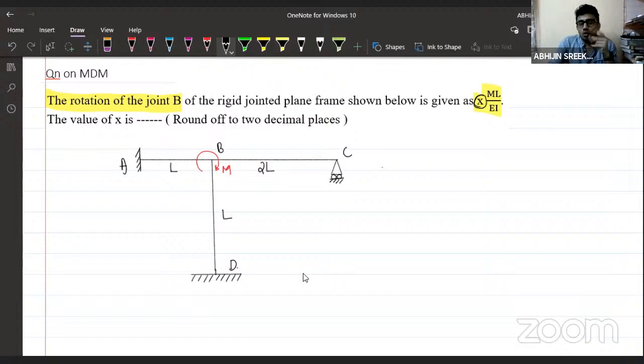So how should we calculate it? In order to approach and solve questions of this kind, we have to use this concept.